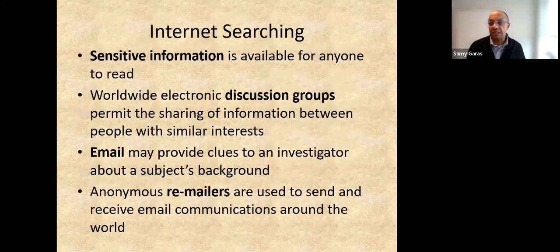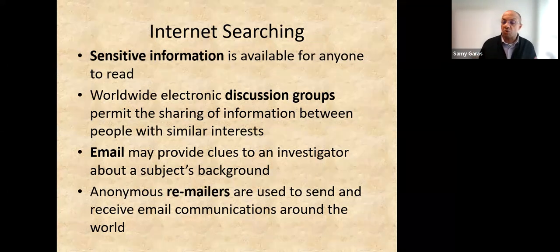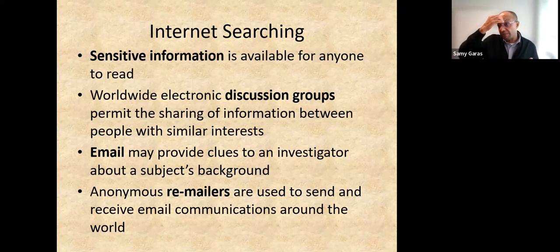The last point is the internet. On the internet, we can find some information through public search engines. They are available. Also the discussion groups, social media, and the email communication between the individual criminal and other members, either inside the organization or outside, can be helpful.